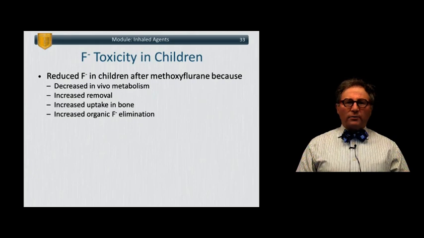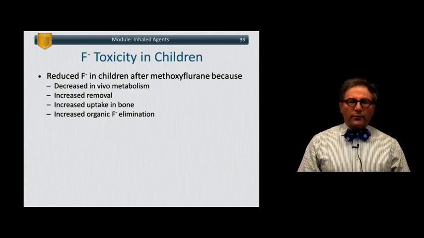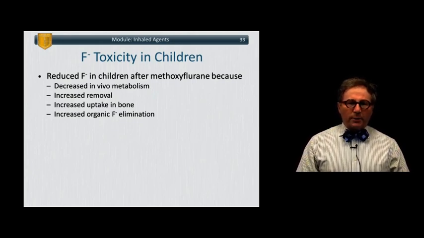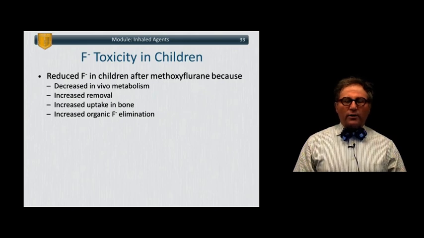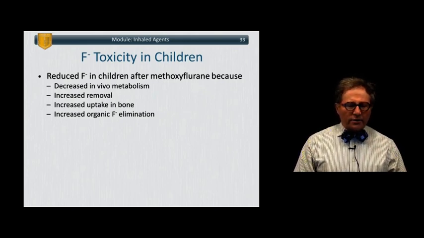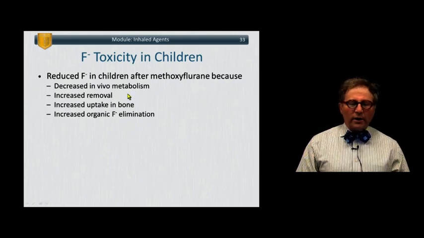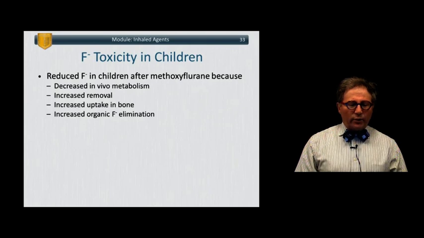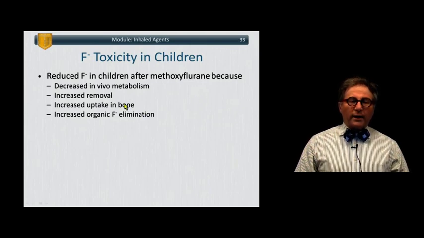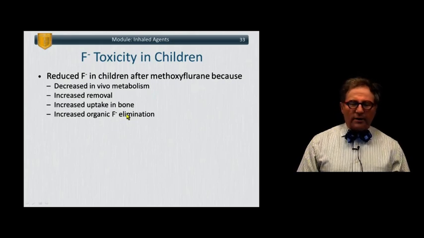And the possible reasons for the sparing of nephrotoxicity with high concentrations of inorganic fluoride in children may have been due to decreased metabolism of methoxyflurane in children, or the increased uptake of inorganic fluoride in bone, or the increased organic elimination of inorganic fluoride.